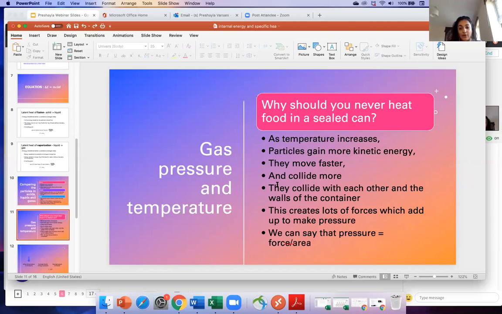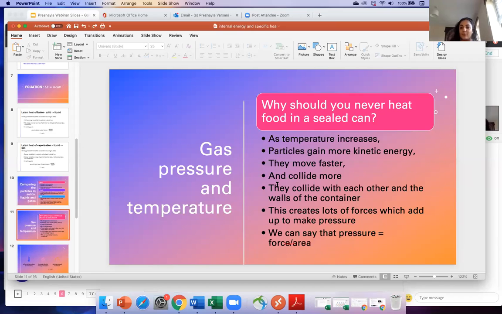Okay, so a reason why it might explode, and lots of you have said explode, but why does it explode? Well, the temperature increases, particles gain more energy, they move faster, they collide more, collide with each other and the walls, creates force and makes pressure. Okay, so this kind of chain reaction needs to be learnt by you, and you have to know the kind of knock-on effect of temperature.